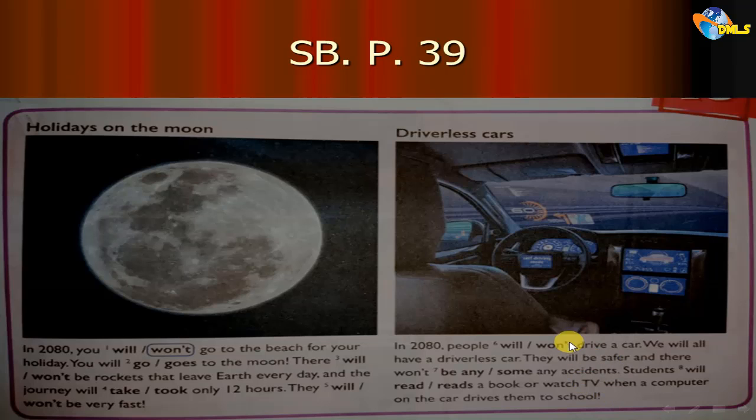So he's predicting that in the future the car will be driverless. You don't have to drive your car in the future. Just stay, read a book, watch television, and the computer is driving the car. He's doing the job for you. Also, this is a prediction with no evidence. So he used will to express predictions with no evidence.